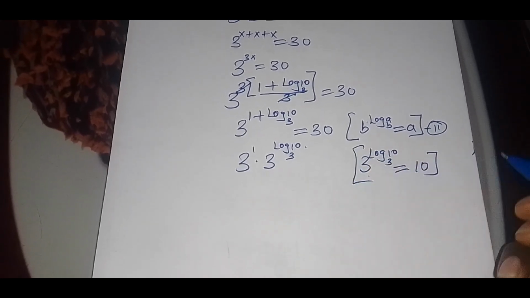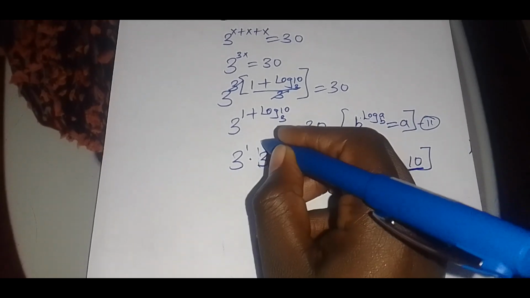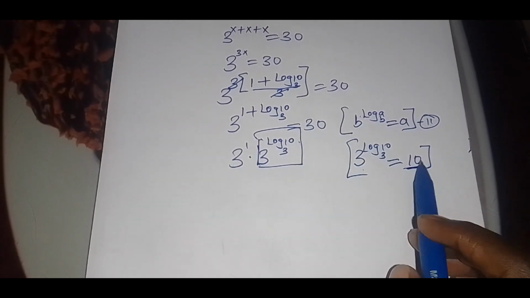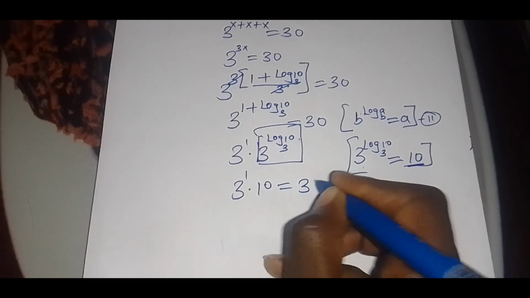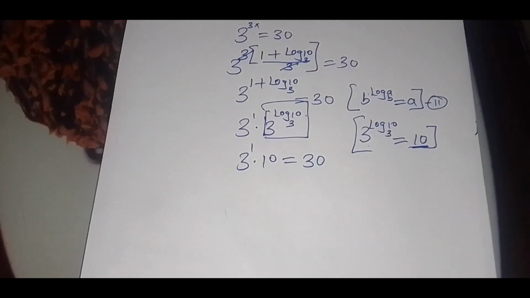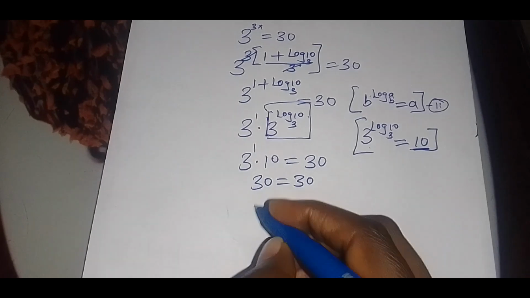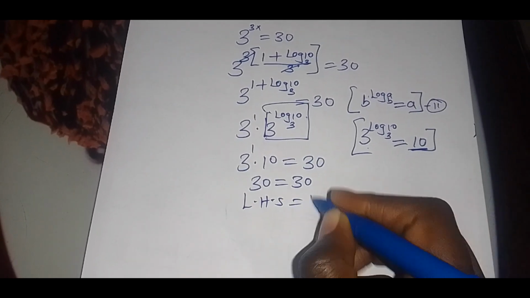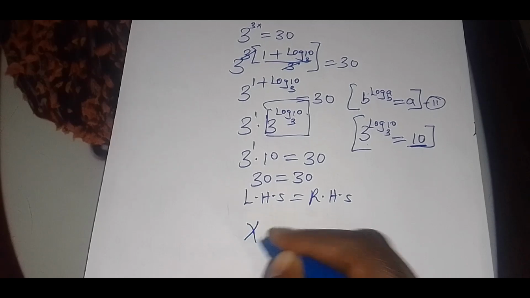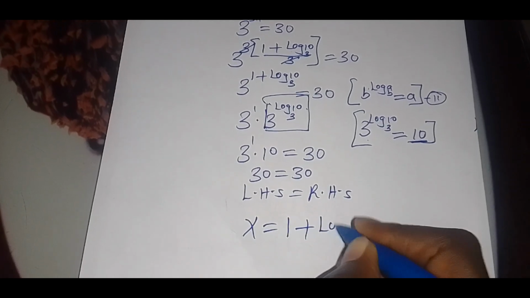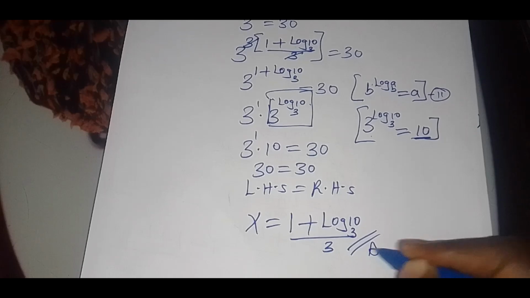So we substitute the value 10, giving 3 raised to power 1 multiplied by 10, which should give us 30. And it's true: 3 times 10 is equal to 30. The left hand side is equal to the right hand side. So that confirms that the value of x, which is 1 plus log 10 to base 3 divided by 3, is the correct answer.